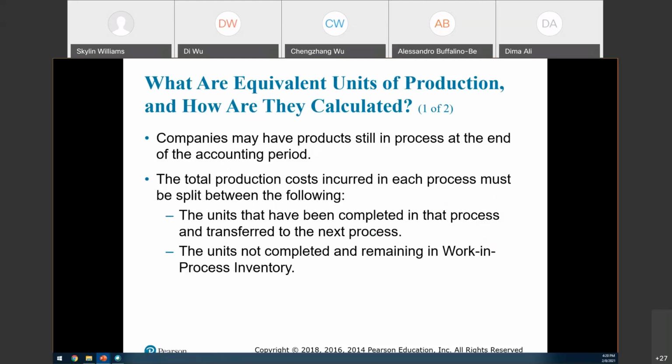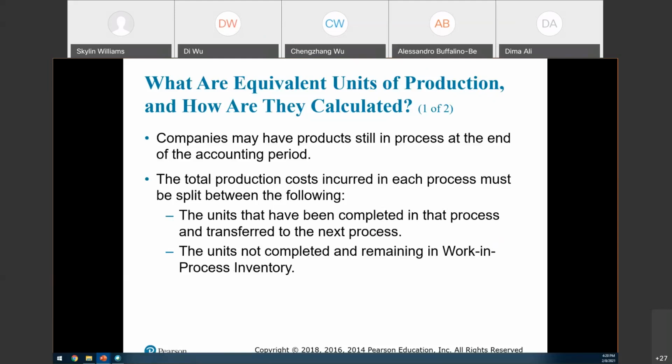So in process costing, production costs are accumulated by process. At the end of the period, the total production costs incurred in this process must be split between two categories.